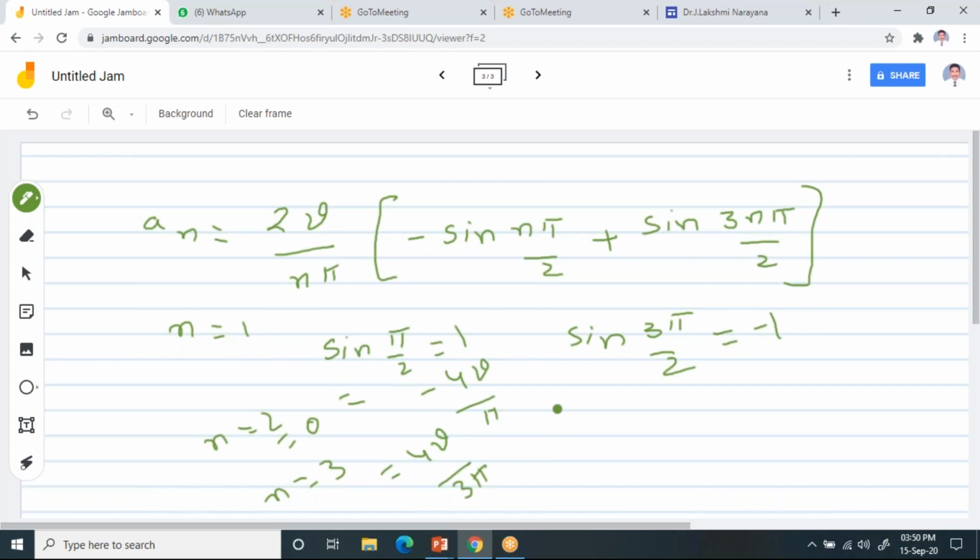Now tell me, students, what is the value of an when n equal to 4? Yeah, n equal to 4. Sri Lakshmi, good. Nikita, good. 0.